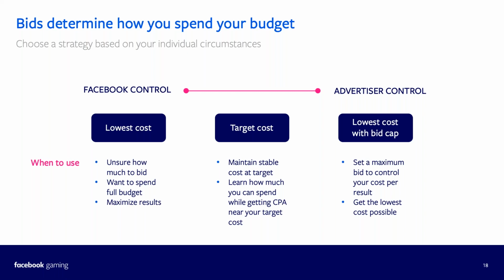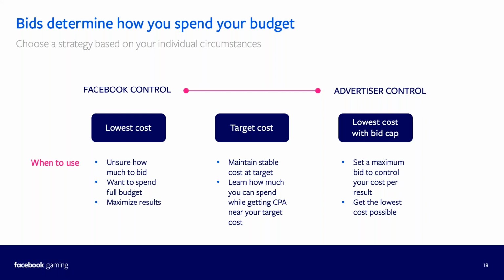Here you have some control, so as you see, it's in the middle. The third one is lowest cost with a bid cap, which directs our system to focus on users that are within your bid restraints and to avoid bidding or spending higher than your bid cap. Here you have the most amount of control.